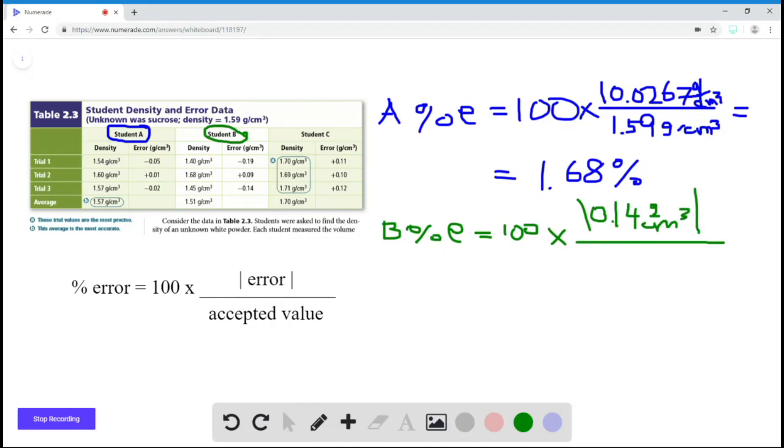And if we divide this by the accepted value of 1.59 grams per centimeter cubed, we get an error of 8.81%.